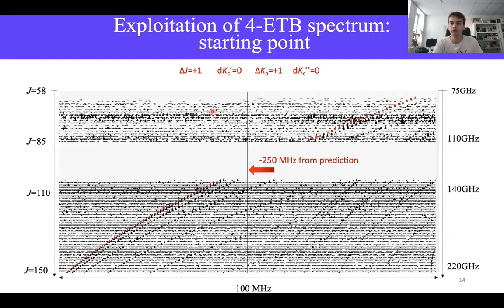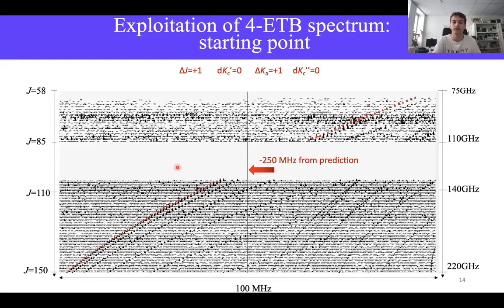We are focusing on the 4 ETB, so there is only A-type transition, and we are looking at this transition. We are looking for lines aligned. Each triangle is a line, and the first alignment of lines is a bit away from the prediction. It's minus 250 megahertz from the prediction with the rotational constants obtained by the calculation.